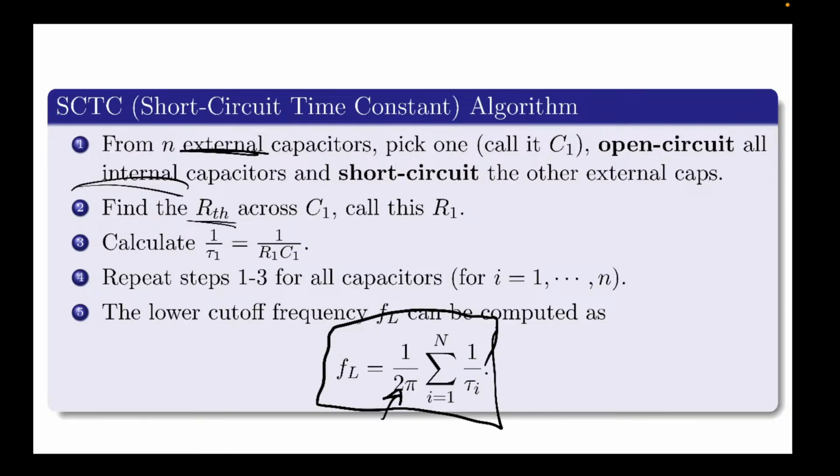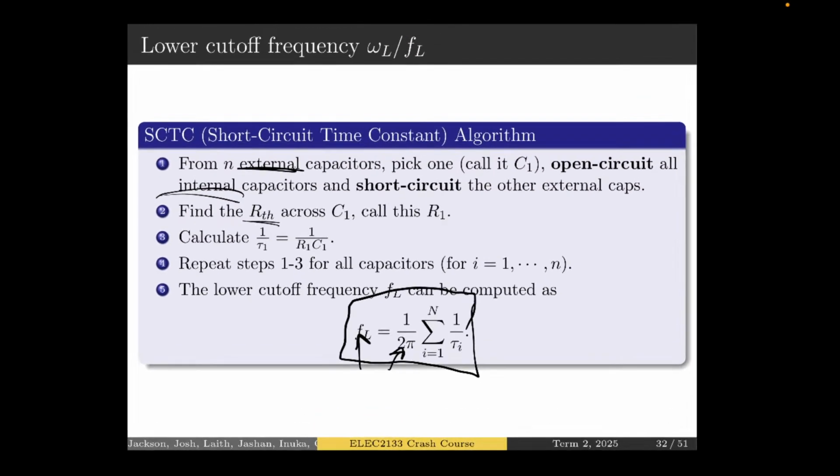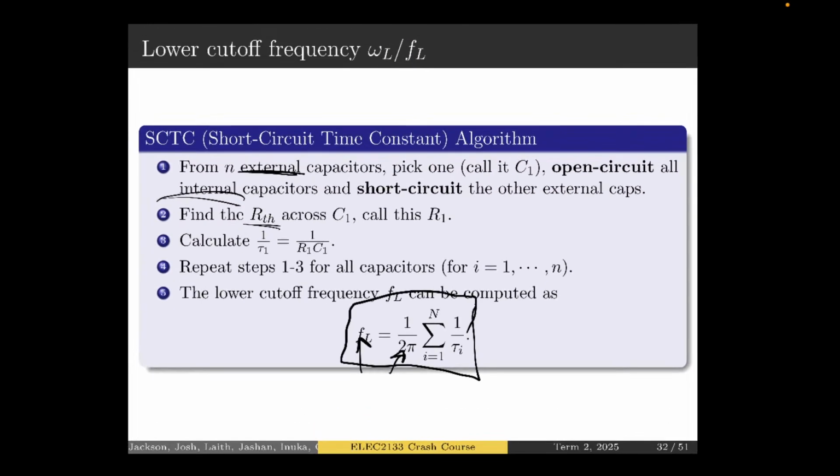This 2 pi normalization factor is just there because it's Hertz frequency, not radians. We don't have to worry about that. Now, I said here that the short circuit time constants are measured from the capacitors that are on the outside of your models. Now, why is that the case?